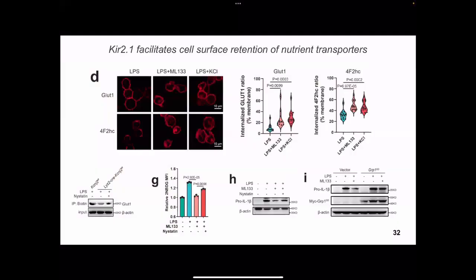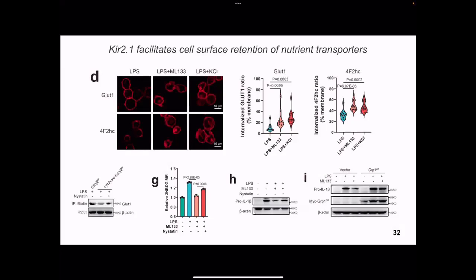We indeed found that after ML133 or extracellular potassium treatment, LPS-stimulated macrophages showed significantly enhanced internalization of both GLUT1 and 4F2HC. And we also used the endocytosis inhibitor Dynasore, and we found it can partly restore the decreased levels of surface GLUT1, glucose uptake, and IL-1 beta production.